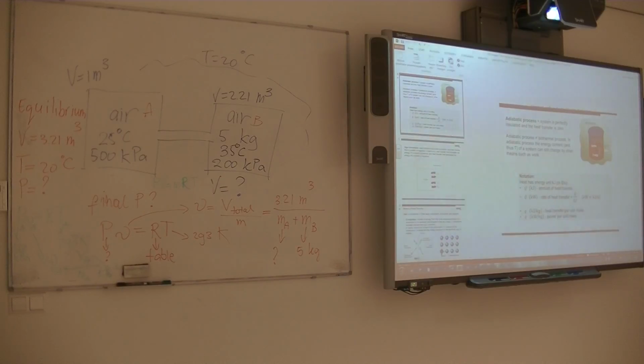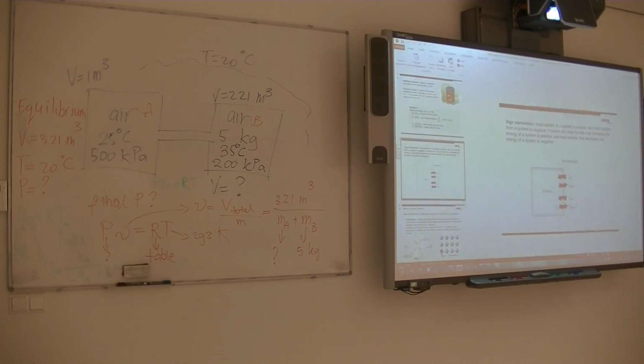But in chemistry, you are always taught that if the system does work, if the system pushes away the atmosphere, for example, then the energy that goes with that is negative. And here they do it the other way around. So they say that if the system performs work on its surroundings, then the sign convention for the work is positive. So that's different here from what you were taught in the chemistry class.